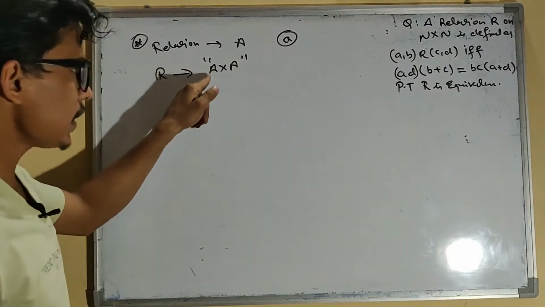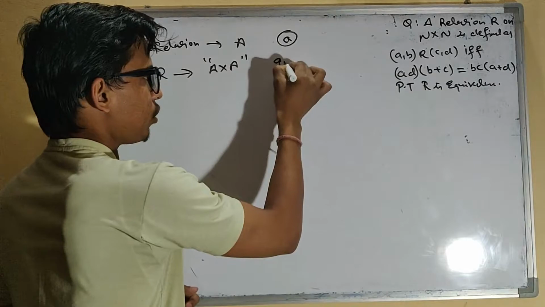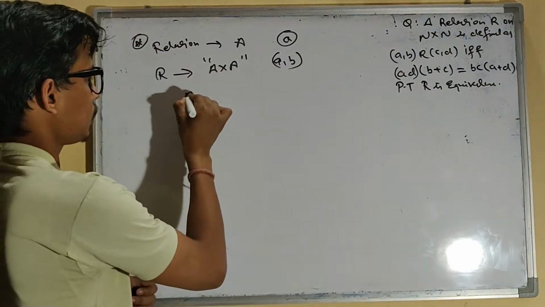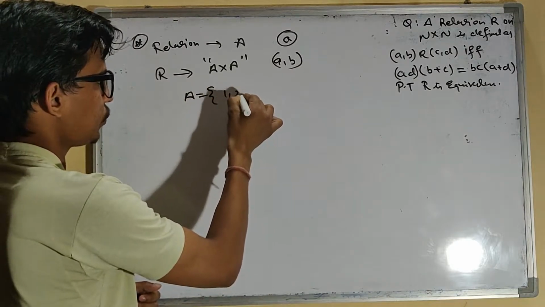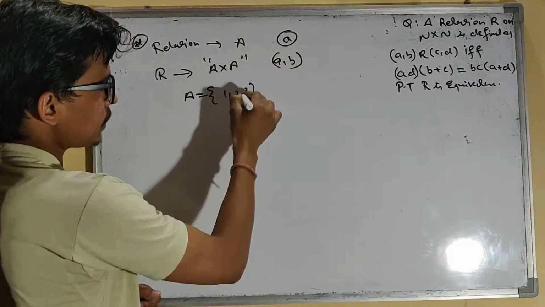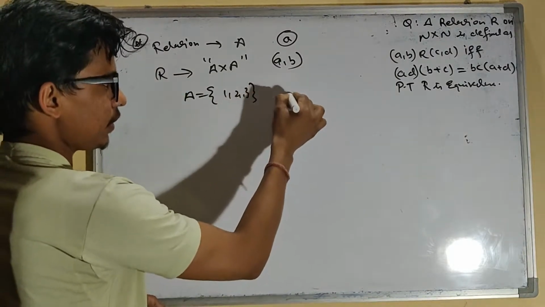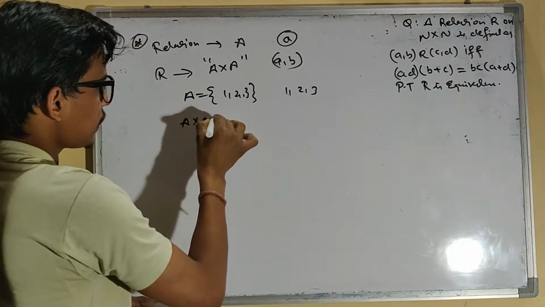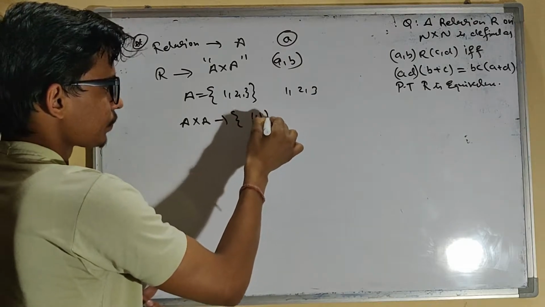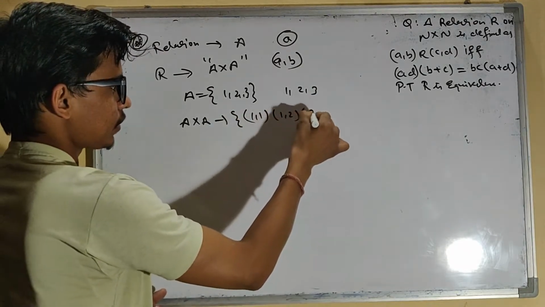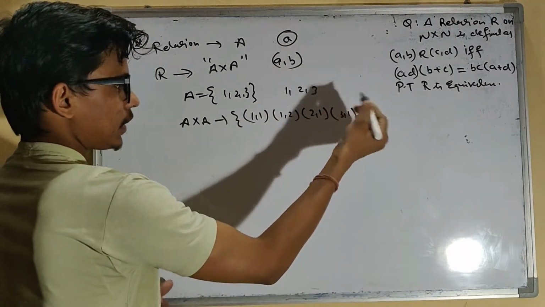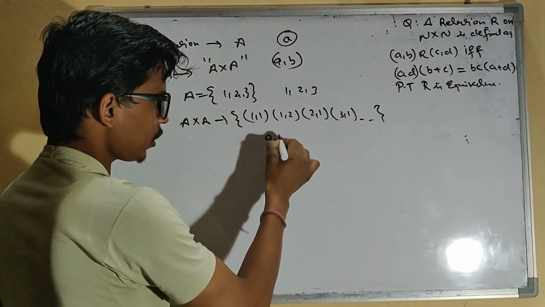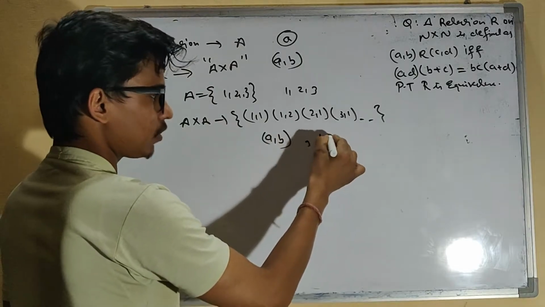the element will be like (a, b). This will be an element, okay? Just for illustration, let's say 1, 2, 3. The elements in set A can be written as 1 or 2 or 3, but in A cross A it could be like this, something like this. The elements are going to be in the form (a, b), like (1, 1).